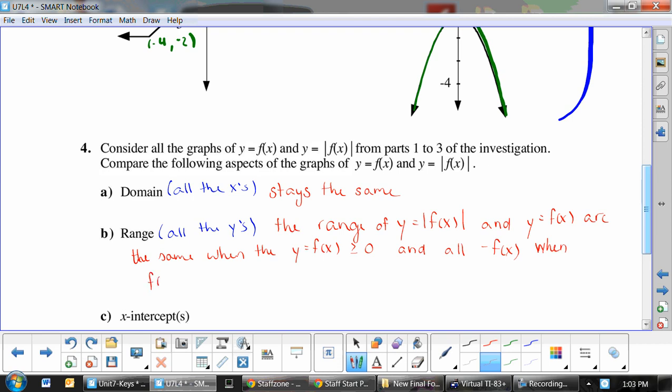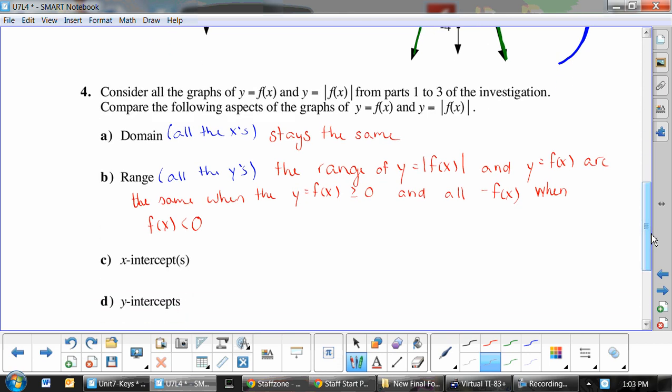So they're saying the range of the absolute value and the original are the same when it's positive, and it's the same as the negative function, or the reflection, when our function is negative.